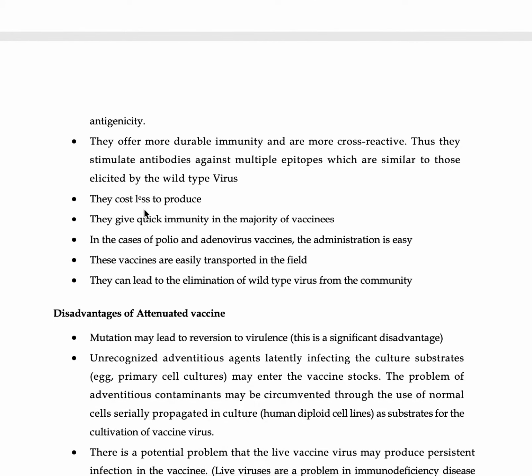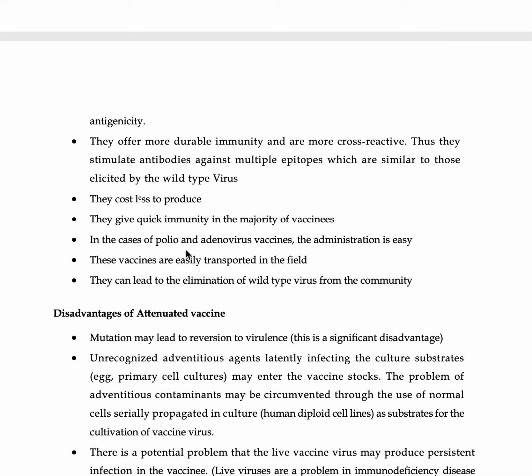The cost is less to produce, because it's a live virus, so we can produce it in large amounts more easily. If we want to produce the virus, we just have to culture it. They give quick immunity in the majority of the vaccines.